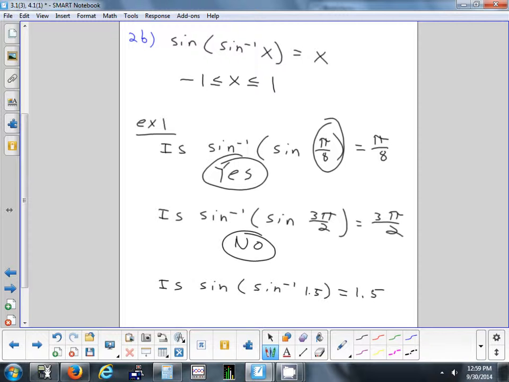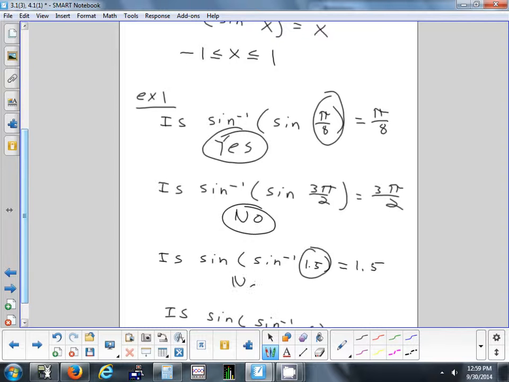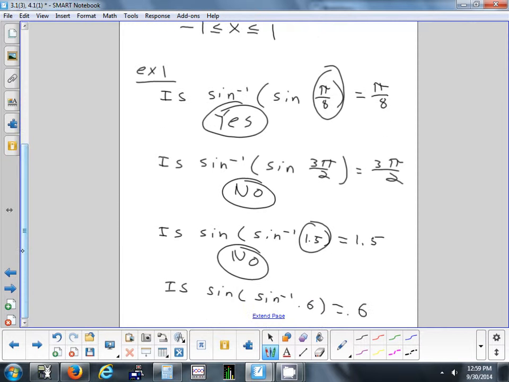Negative 1 and 1. Yep. Is that number between what you just said? No. So that won't work. Not only will it not work, but if you type it in, it's going to say error. You won't even get back a different number than you started with, like you would have in the example above. This is impossible.